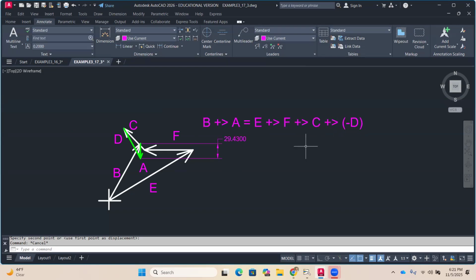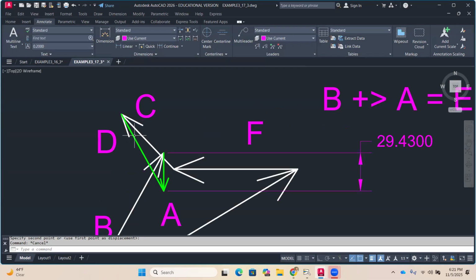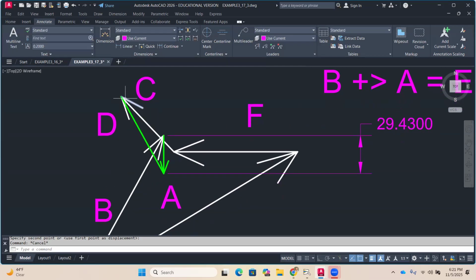So this keeps all of our vectors tip to tail, right? Okay, so let's go over here. We've got C plus negative D. So if this is plus negative D, which way would our arrows go? Would it go down and to the right or would it go up and to the left? Plus negative D. Down and to the left or up and to the right?